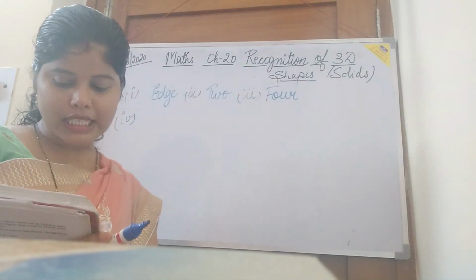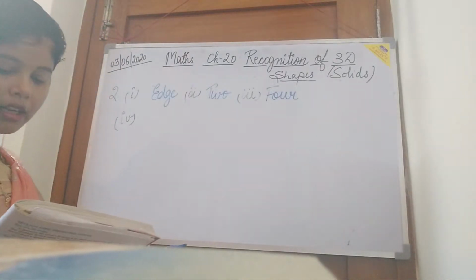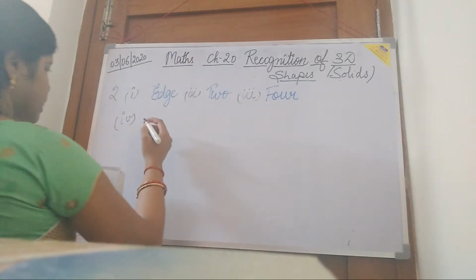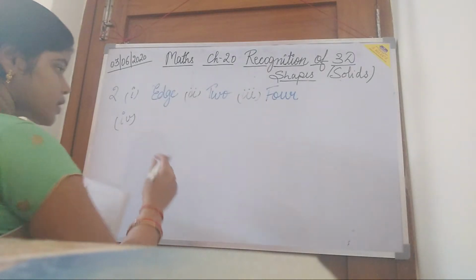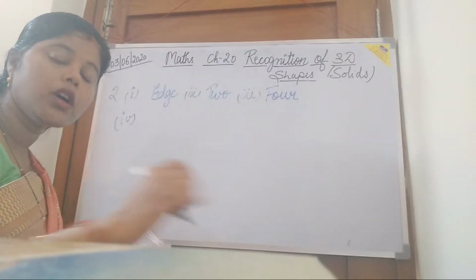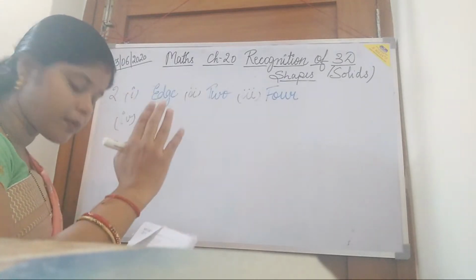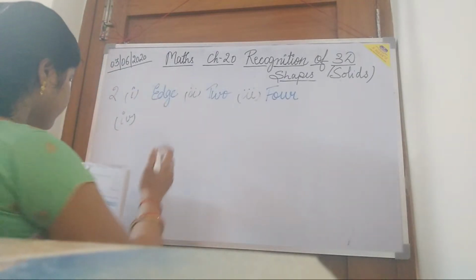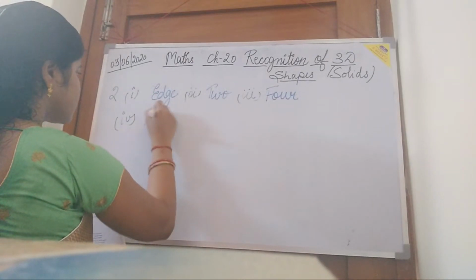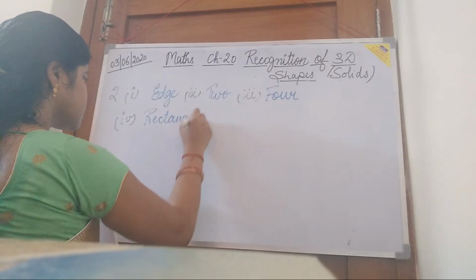So the six lateral faces of a hexagonal prism are, so 6 lateral faces or side faces. We call them side faces also. So the side faces or lateral faces of a hexagonal prism are rectangular. You can write it as rectangular.